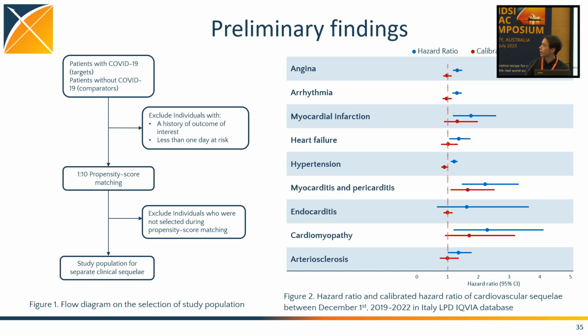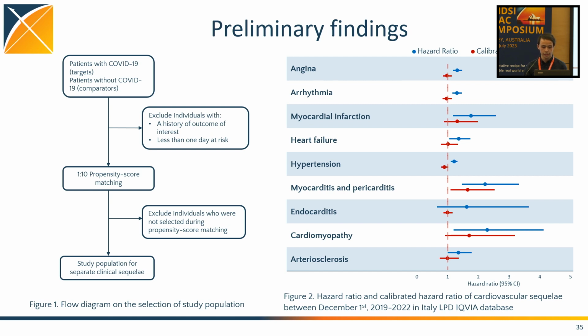After we identified patients from the target and comparator cohorts, we excluded those who have a history of the particular outcome of interest, and those with less than 1 day at risk, before we conducted the propensity score matching between the two cohorts in a ratio of 1 target to up to 10 comparators. We excluded those who could not be matched to a target and a comparator during the matching before we arrived at the final study population for each of the study outcome analyses.